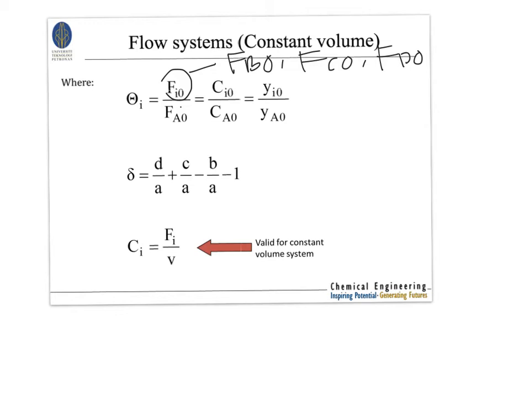It is always divided by the basis of the calculation, so C_i0 over C_A0 or y_i0 over y_A0. Delta is the change in the number of moles, so we have product minus reactant. We also have C_i equals F_i over V, because this is a flow system.